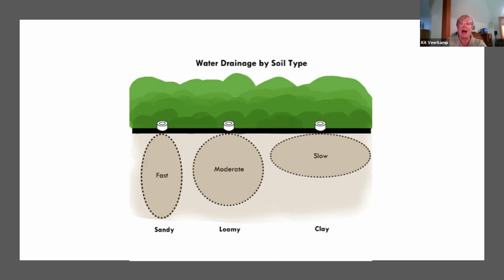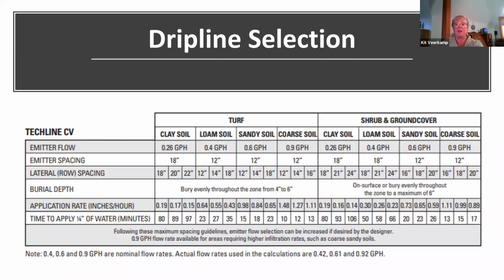So just in general, when you're looking at sandy versus loamy versus clay, this is how water moves in each of the soils. You can see how different it is. And it's important to get the emitters right for your soil. Here you can see how that changes.